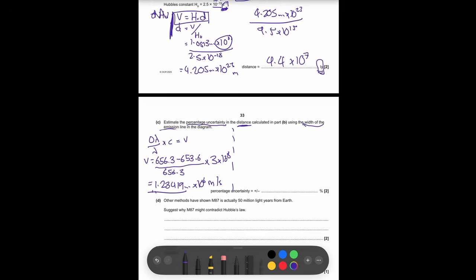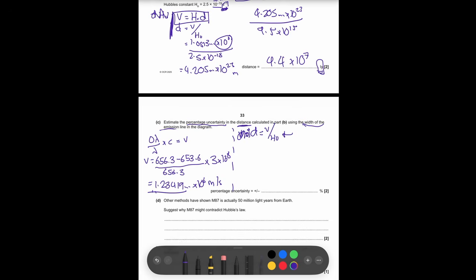Now I've got my biggest V, how am I going to get my biggest distance? Well, I know that distance equals V over H naught. So I'm going to put my biggest V into that equation over here. If they gave me uncertainty with H naught, because sometimes you have to work out H naught from a gradient and stuff like that, and then you might have to work out the biggest H naught and the smallest H naught.